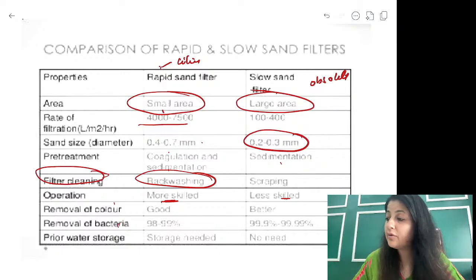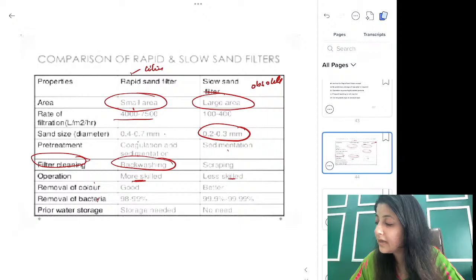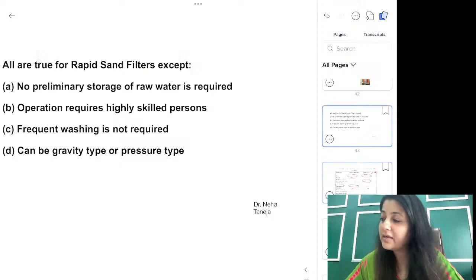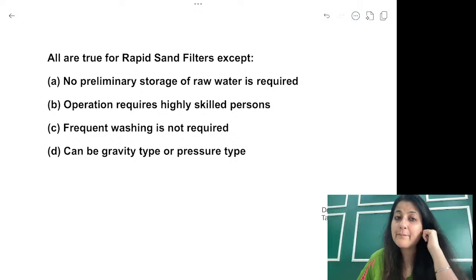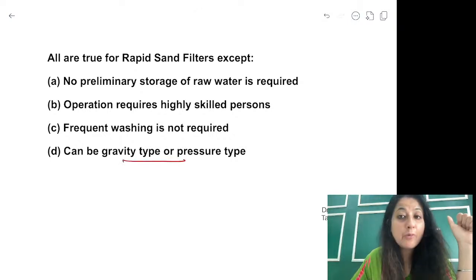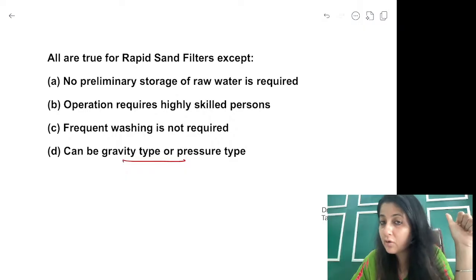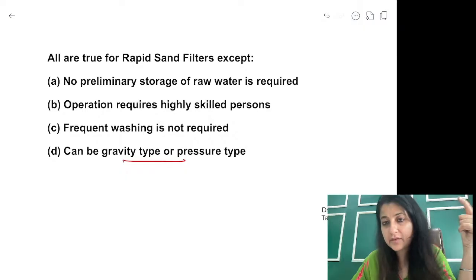But one point that you have to remember: how do you identify a slow sand filter, guys? Suppose this question comes to you: all are true for rapid sand filter except: can be gravity type or pressure type. Yes, they don't work on the basis of biological layer. They work on the basis of gravity or pressure.